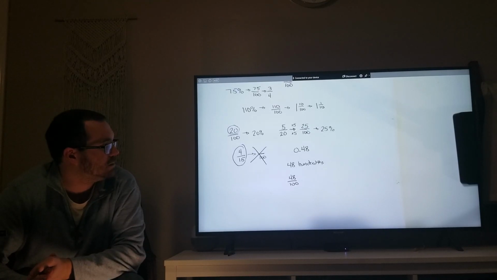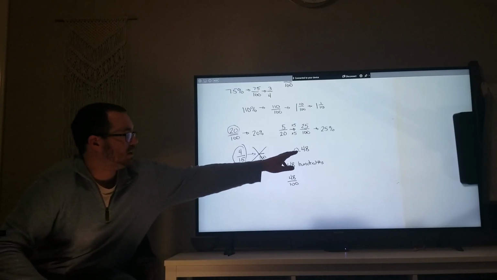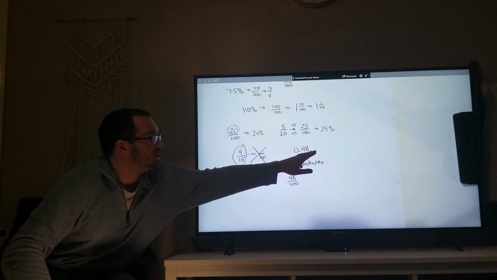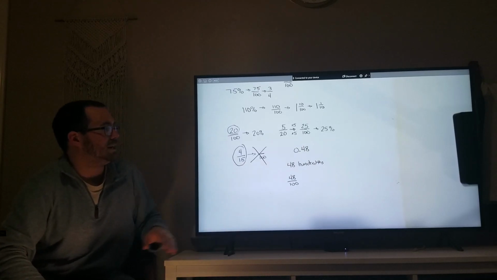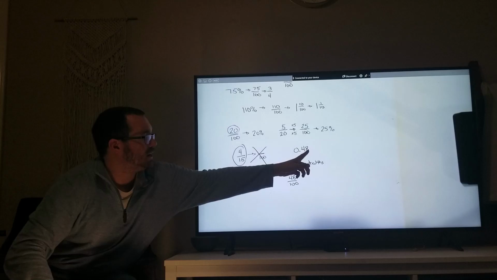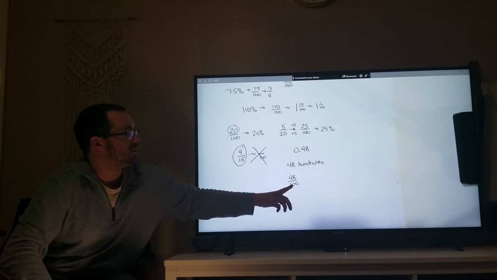Going from a decimal to a fraction is a matter of figuring out what the final place value is, in this case hundredths, and putting this number without a decimal over that value.